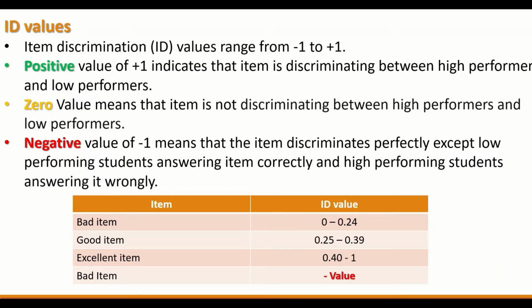Excellent item when the value is between 0.4 and 1. If the ID value is negative, then the item is very bad and it is recommended to remove and exclude the item from the exam or the test.